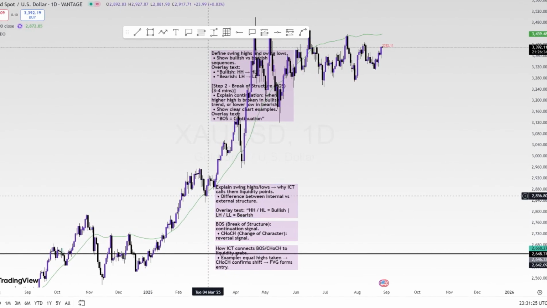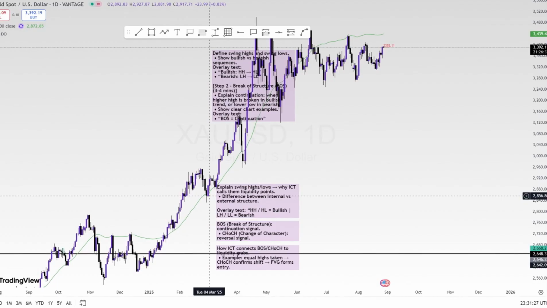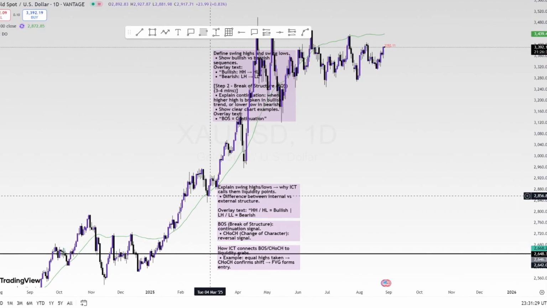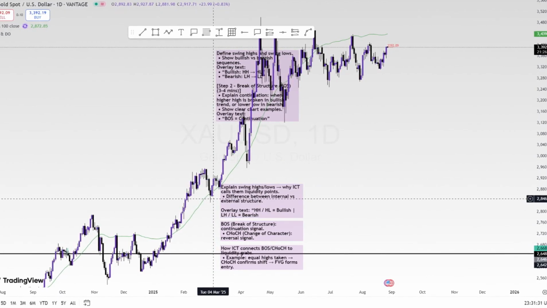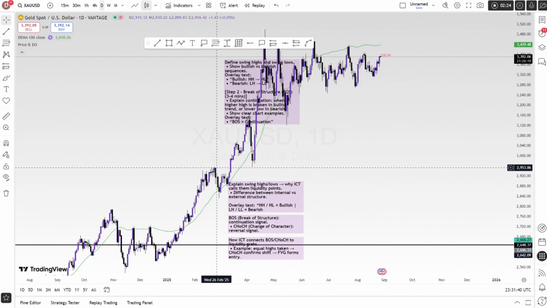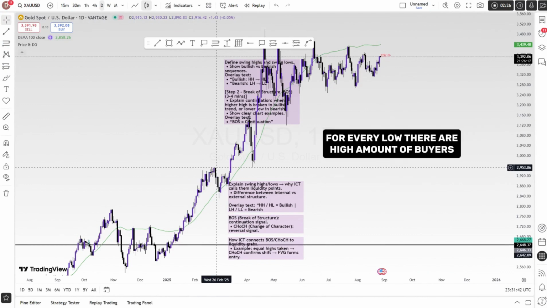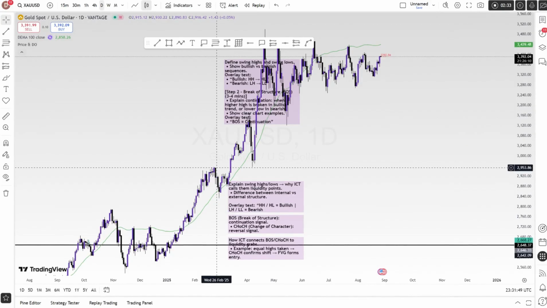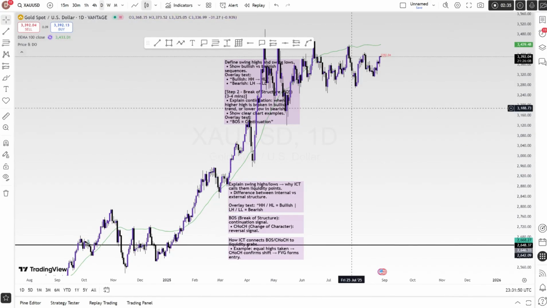Now, for every low, there is a high, and for every high, there is a low, right? So every low that breaks an old high is called a swing low. That's a swing point. I like to explain forex in layman's terms so that people can understand forex in their own way. Do you understand what I mean?